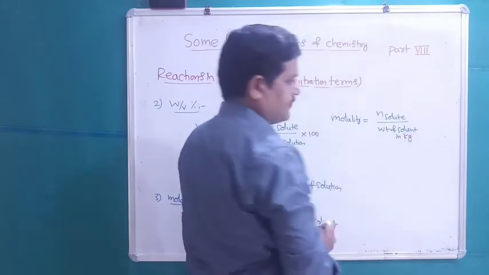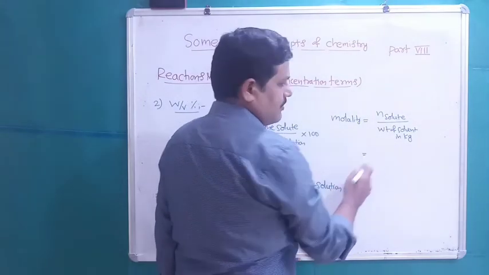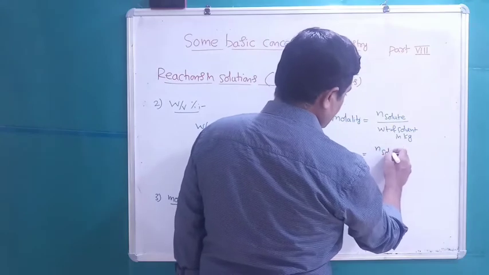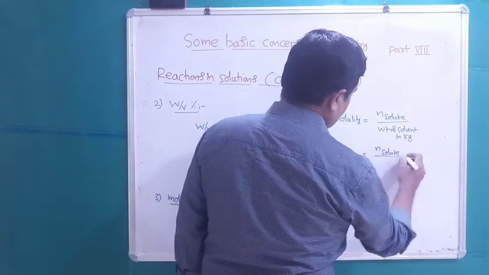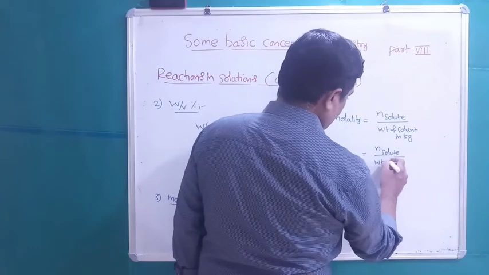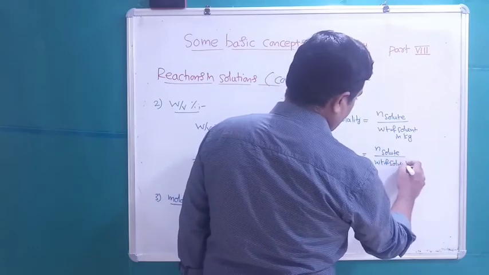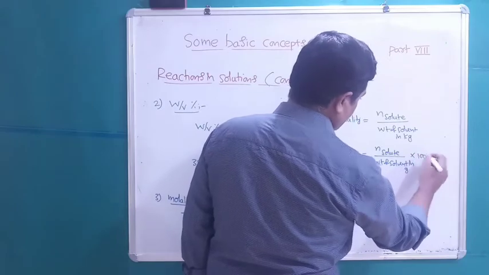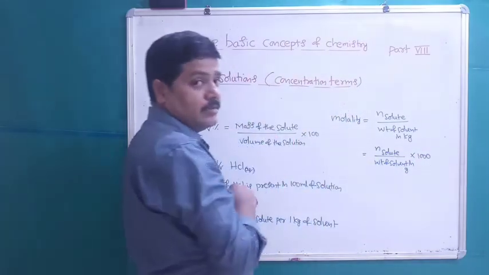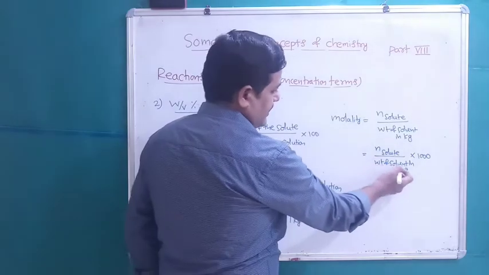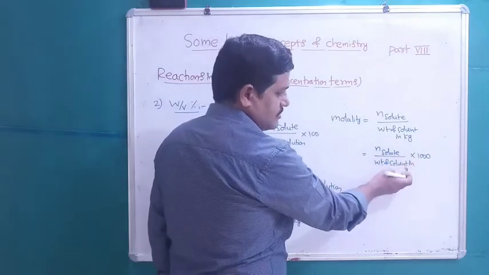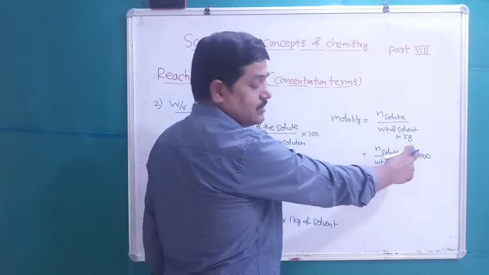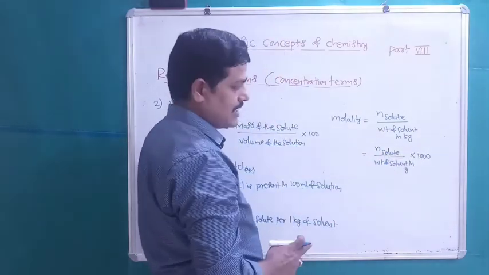Students, for example, if the weight of the solvent is in grams, then the molality formula is number of moles of the solute divided by weight of solvent in grams, multiplied by 1000, because to convert the weight of the solvent from grams into kilograms, we divide by 1000, so the 1000 will come in the numerator, right?